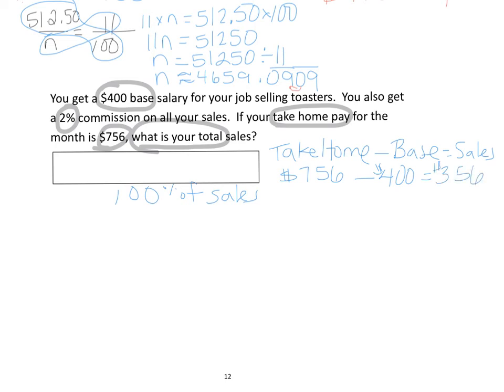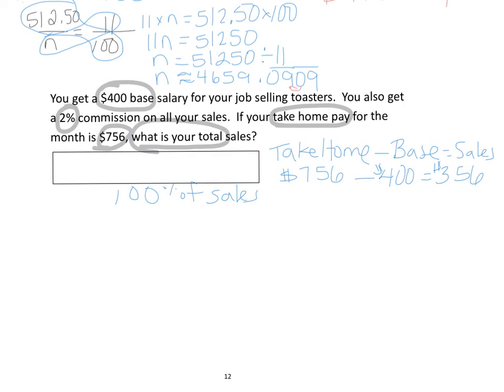That base salary says you're going to get that no matter what. Usually with commission, you don't necessarily get a paycheck unless you make a sale, meaning you're only going to get the money you make off of that sale. In this case, they're saying you're going to get $400 no matter what. Anything added on to that from your commission, which is why it's such a low percent of 2%, is going to be in addition to the $400.